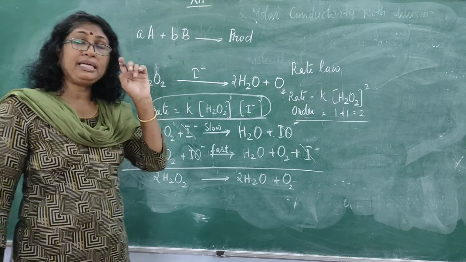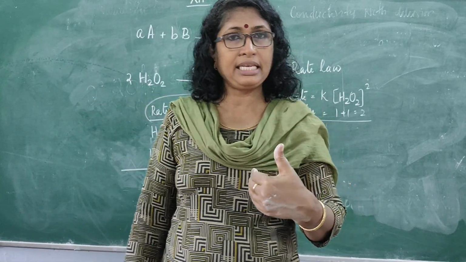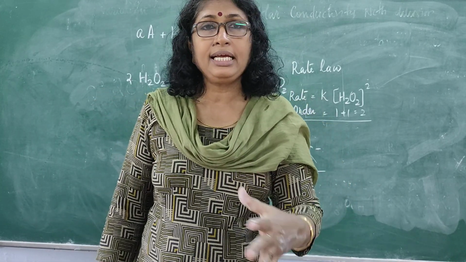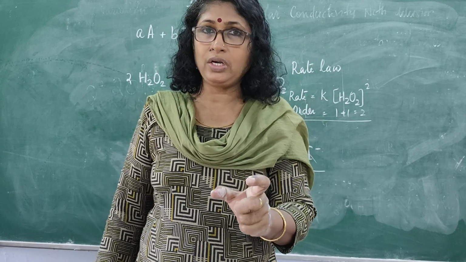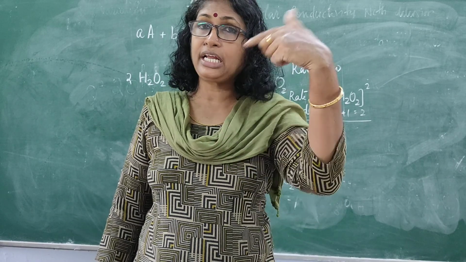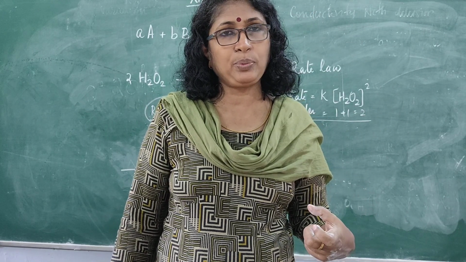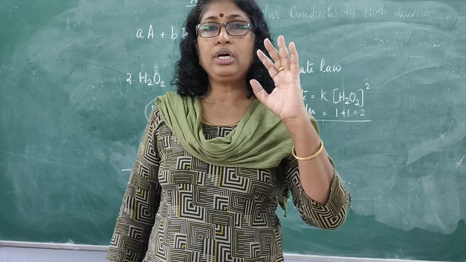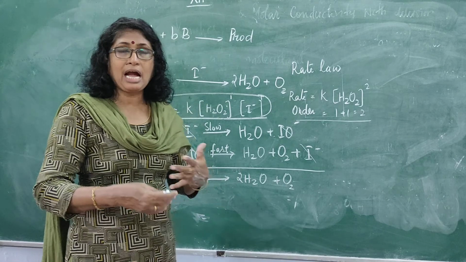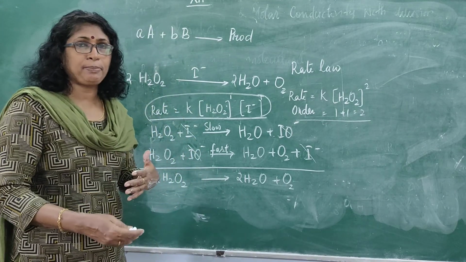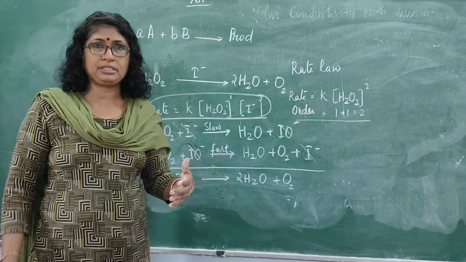Understood? So molecularity we get from the balanced chemical equation. That doesn't mean the rate of the reaction actually depends on the concentration terms raised to the power of their coefficients in the balanced chemical equation. Understood? So in a reaction in which this many molecules would have to collide with each other to form the products, such reactions take place in different steps.